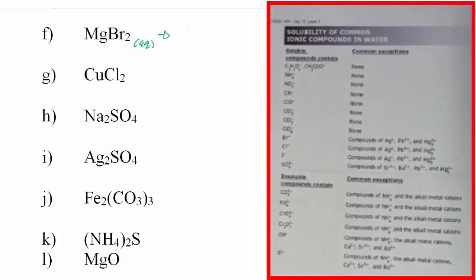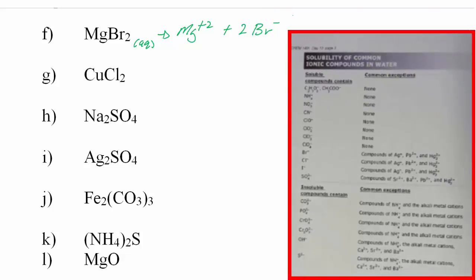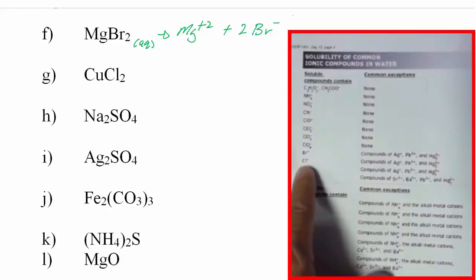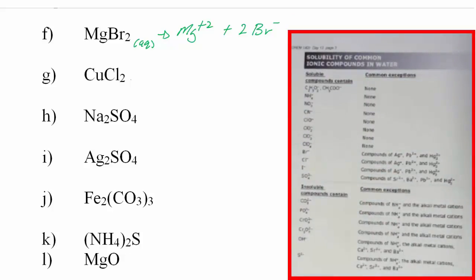So magnesium ion and 2 bromide anions. Copper 2 chloride. Chlorides are soluble, aqueous. Copper 2 and 2 chloride anions.